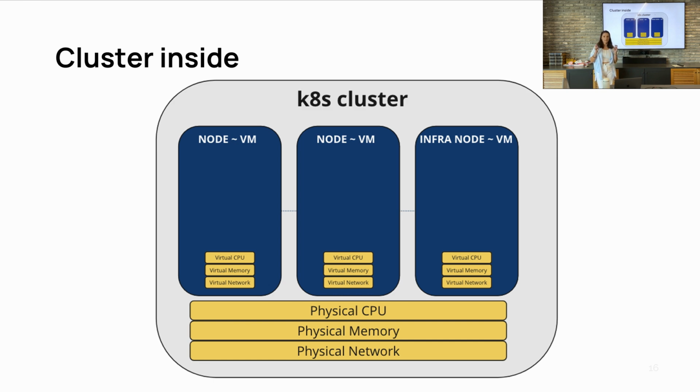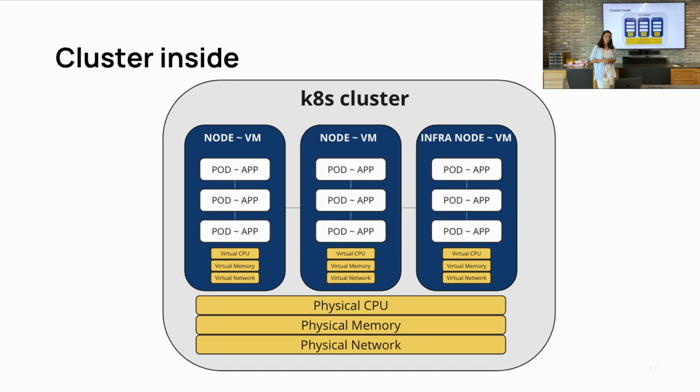We can compare them with virtual machines just to make our understanding simpler. Inside the node, we have virtual CPU, virtual network, virtual resources, every resource that we have. And inside the nodes, we have pods. Actually, one pod is an application.